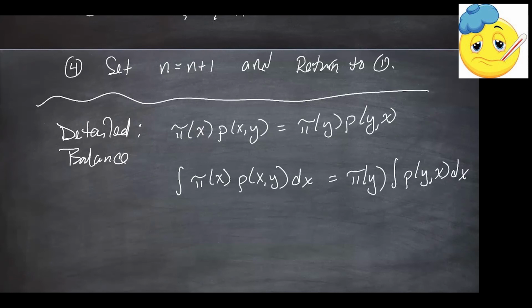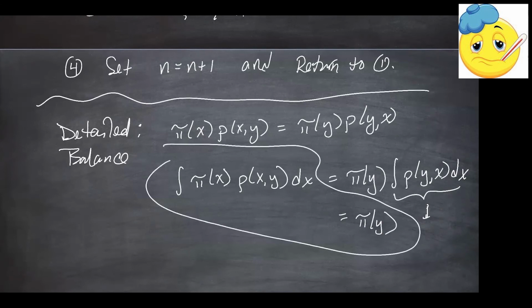That's like the analog of saying the y row of a matrix sums to 1. But we get the stationary equation. So as usual, if you have a stationary distribution, you don't need to have detailed balance or reversibility. But if you have it, then you have a stationary distribution.